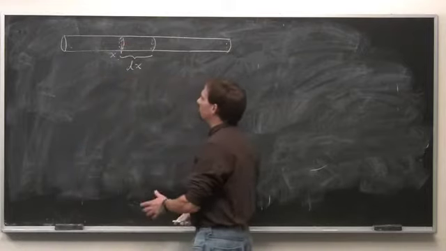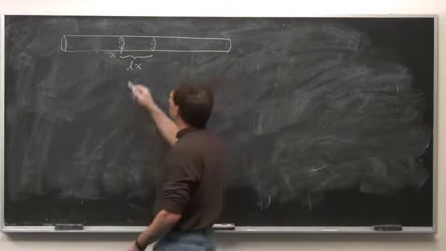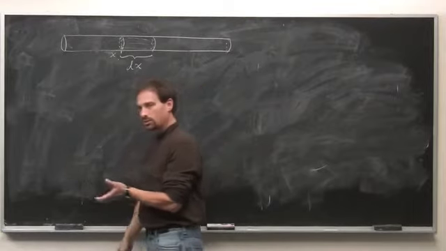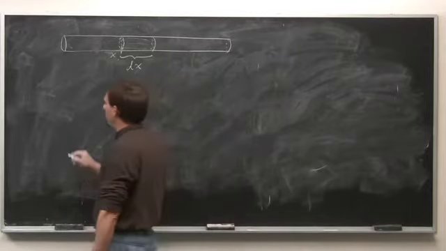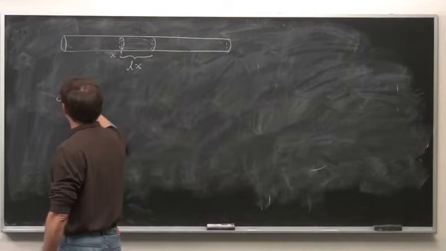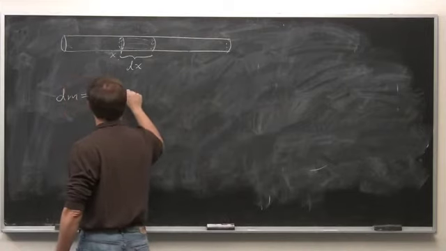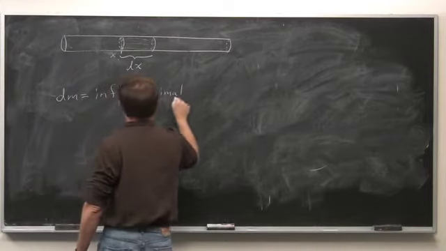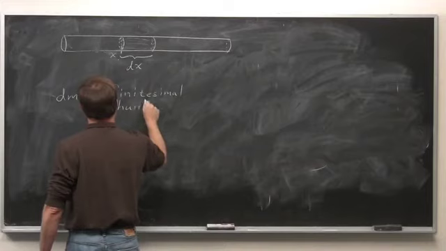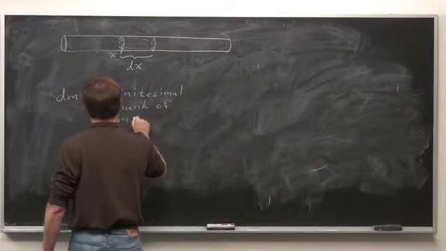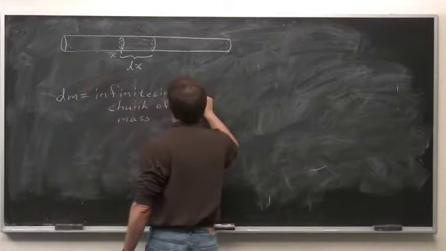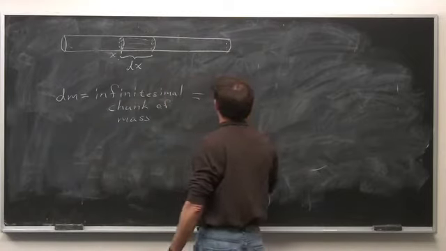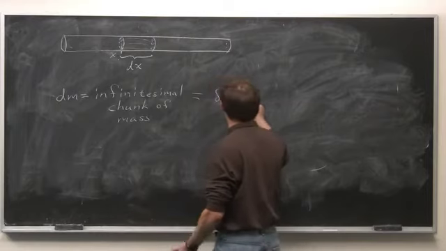And here's this little chunk of volume. So this has some volume. So what's the mass of this little chunk? Well, it'd be an infinitesimal chunk of mass. It's density times an infinitesimal little chunk of volume.